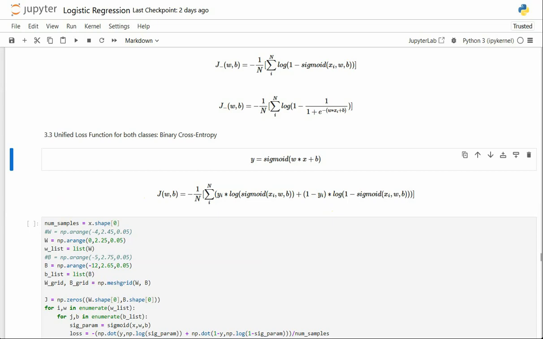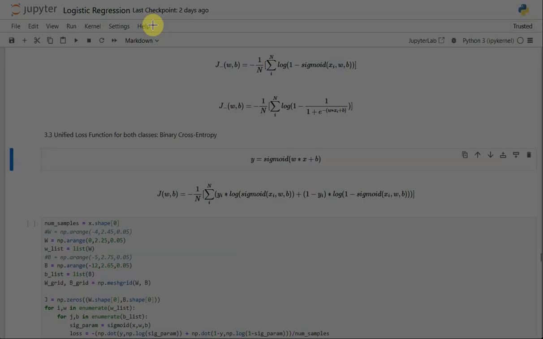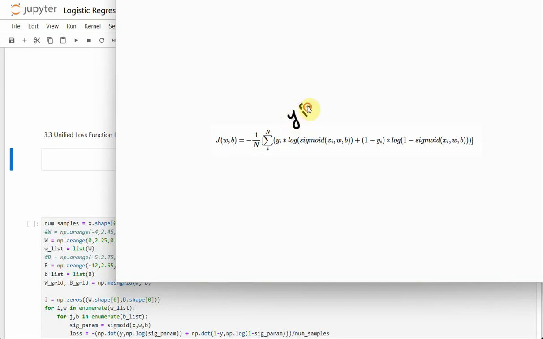So what would happen here is, when yi equals 1, this component equals 0. So the whole part for the negative class will not be computed because it turns into 0.